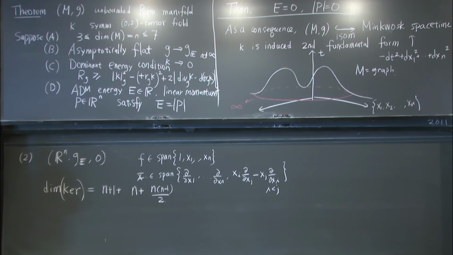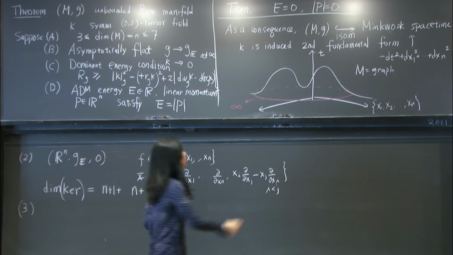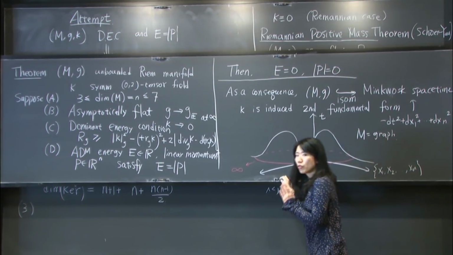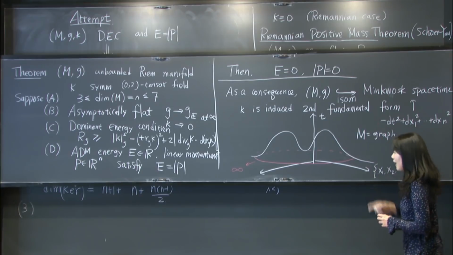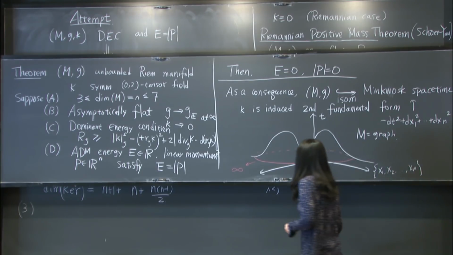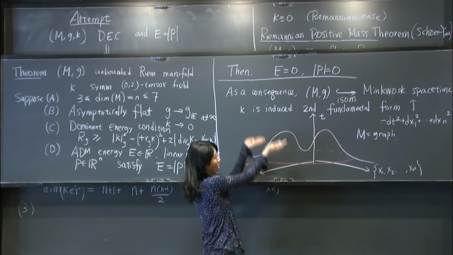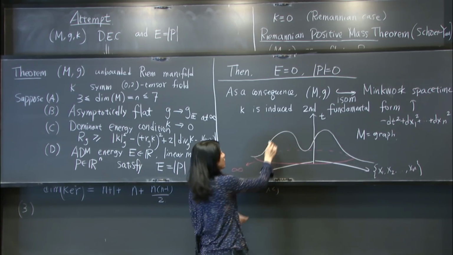Okay. And the last one has actually been observed by Moncrief. The kernel elements correspond one-to-one to the space-time Killing vector fields in the following way. So in this example, this is Minkowski. So you have a translation as a space-time symmetry.